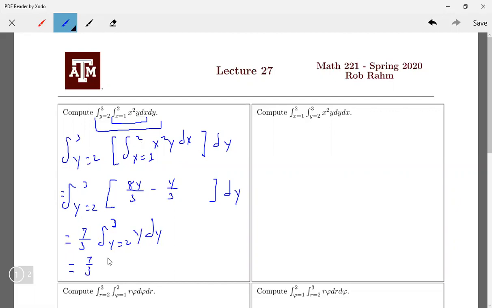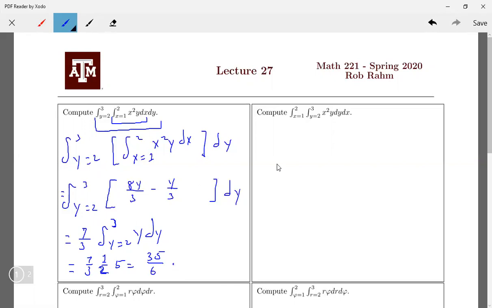So I'll write the 7/3. The antiderivative is y squared over 2. I'll write the 1/2. And we're going from y equals 2 to y equals 3. So this is going to be 3 squared minus 2 squared. That's 9 minus 4. That's 5. And this is equal to 35 over 6.